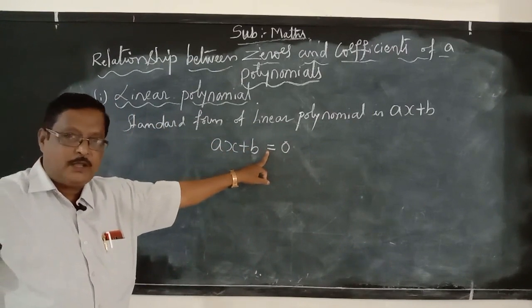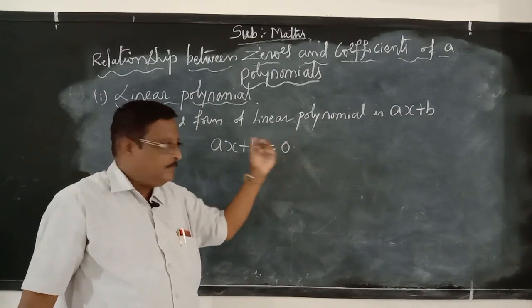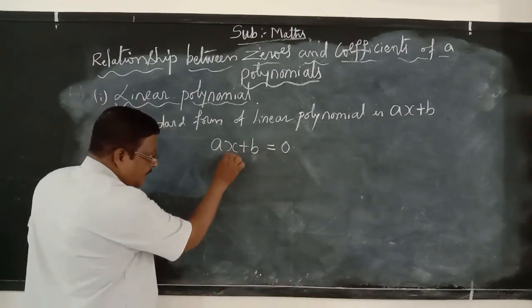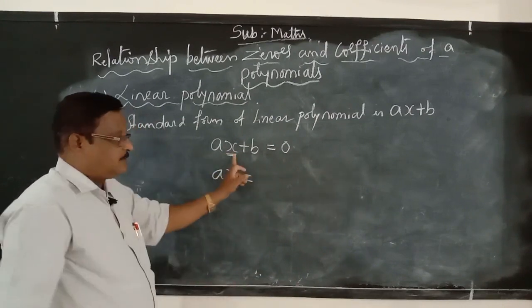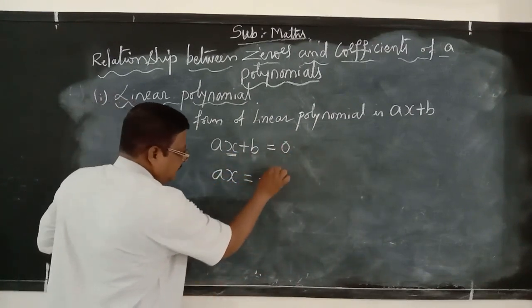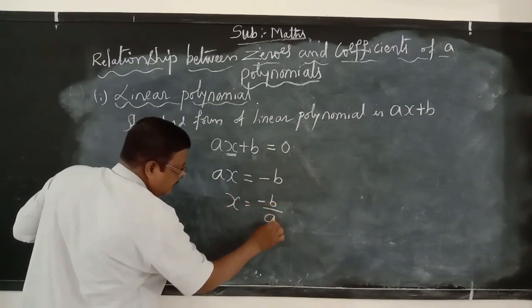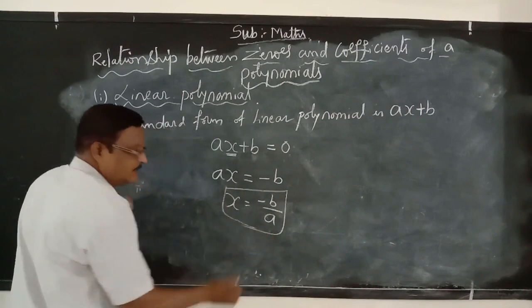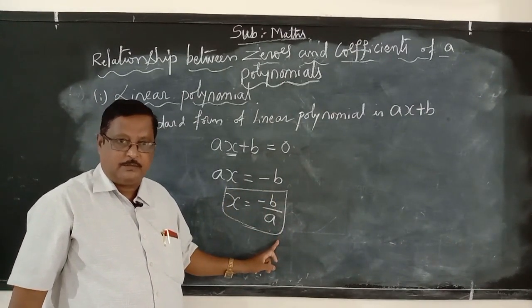When a polynomial is equated to 0, it is called an equation. In this linear equation, find the value of x. ax, this b transfers to this side, that is minus b. x is equal to minus b by a. This is the zero of the linear polynomial.